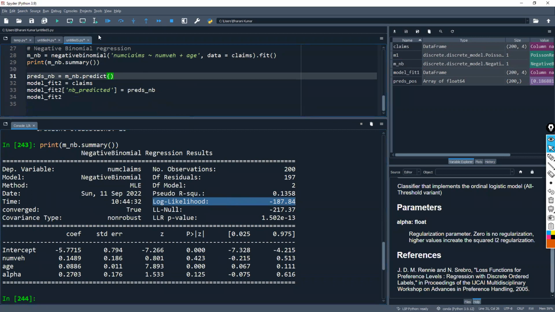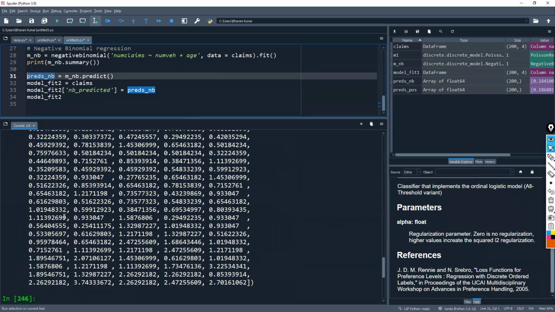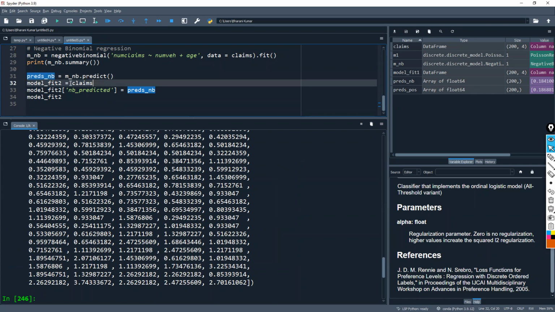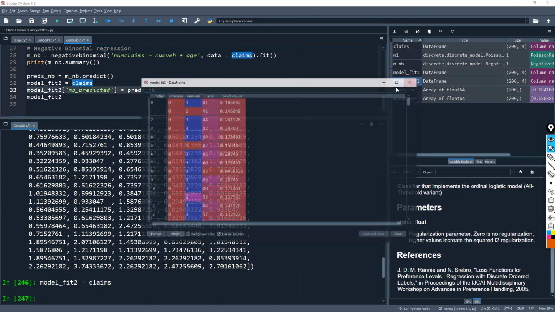We can use the model to predict on the data sets. You have all these predicted values, which are nothing but probability values. Now, you're replicating this claims data set and putting it in model_fit2.